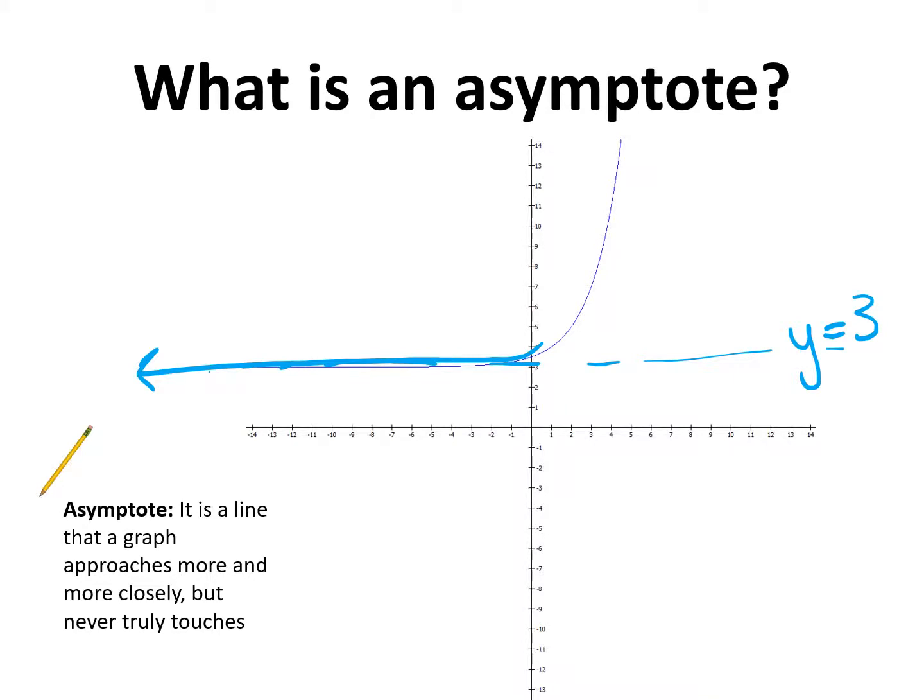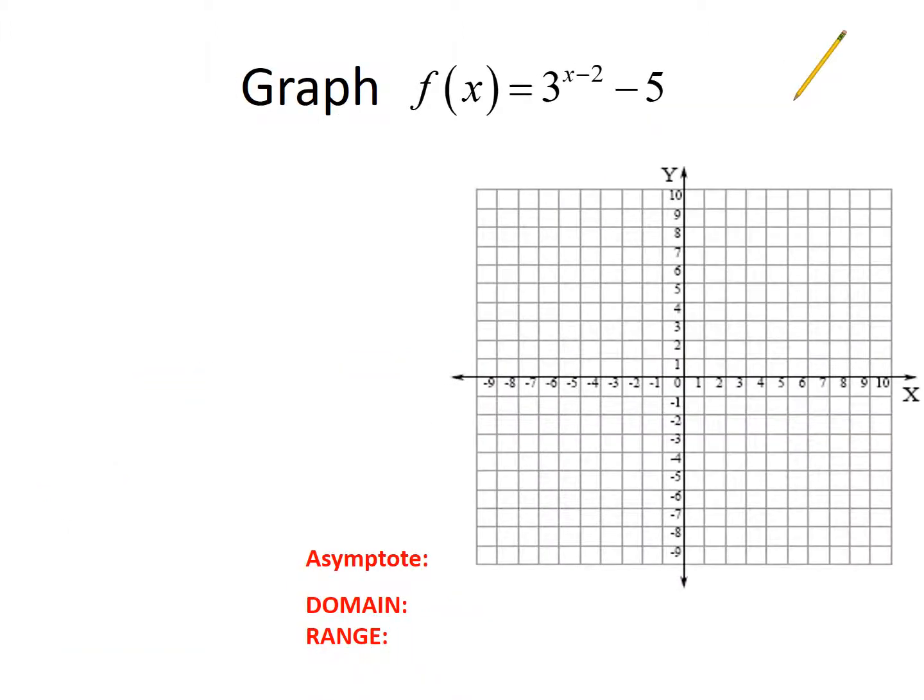That's what an asymptote is. And that's going to dictate our range for today, okay? So make sure you get this definition of asymptotes in your notes.